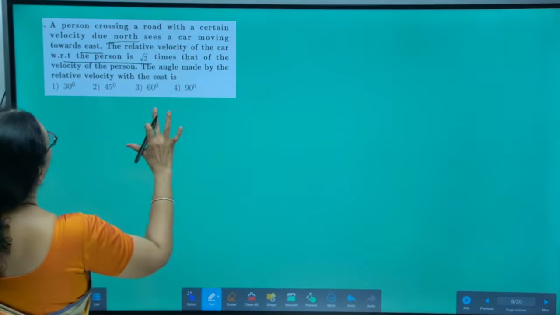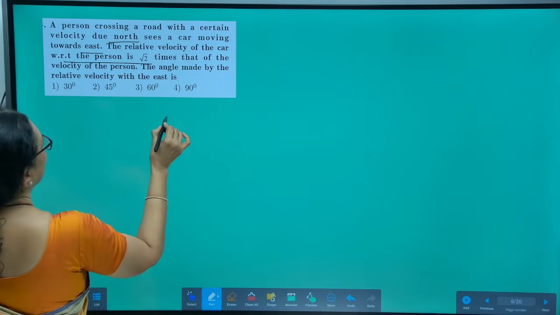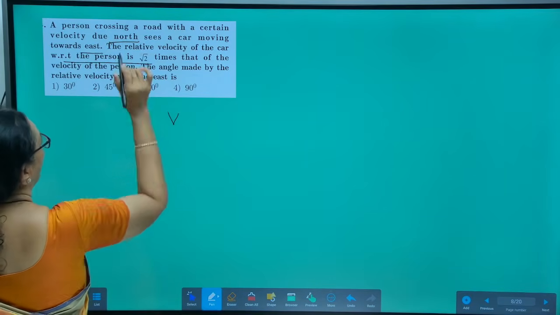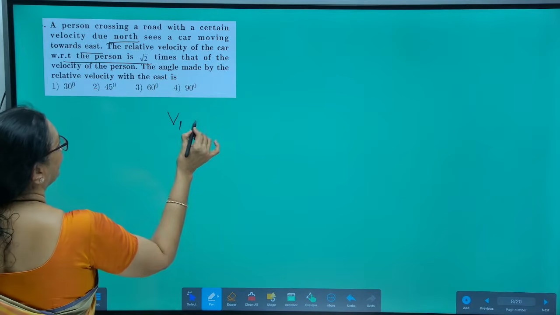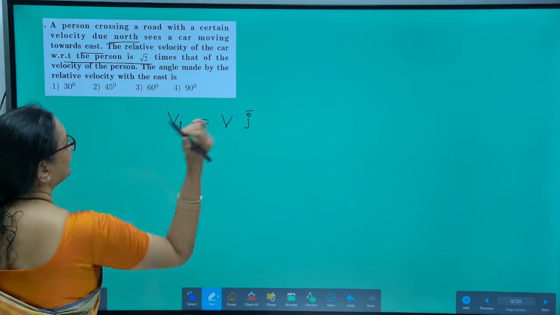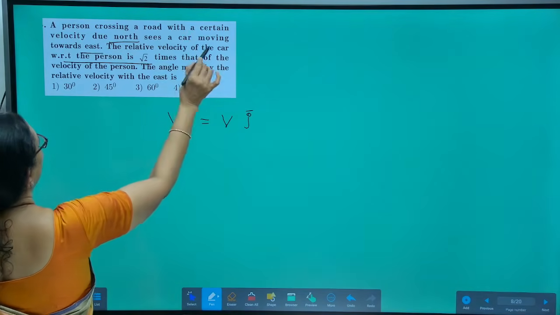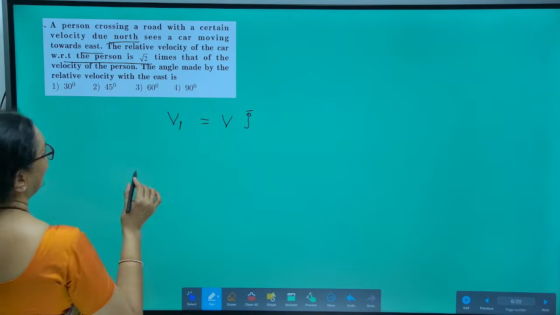Now, look here. A person is crossing the road with a certain velocity north. So, velocity of the person is V, north is taken as J bar, right. He sees a car moving towards east.